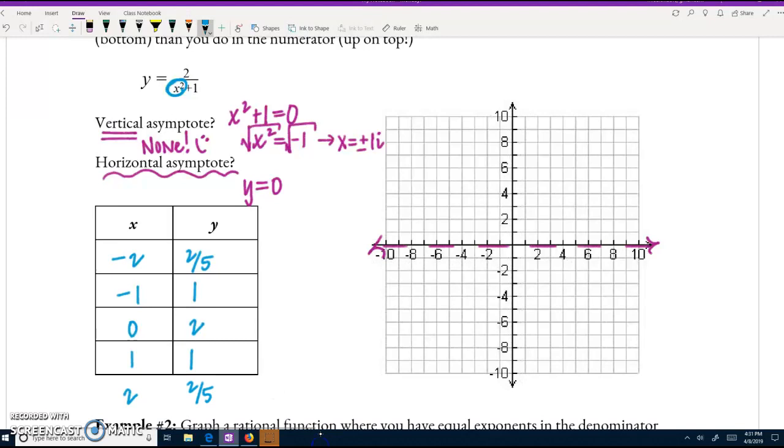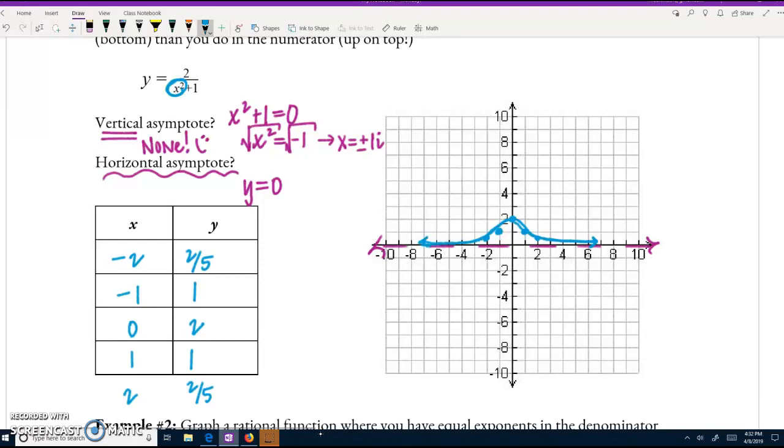So I've got enough information to sketch the graph shape here. So (-2, 2/5) is going to be a decimal here. (-1, 1) will be right here. (0, 2) is here. And then (1, 1) is here. And (2, 2/5) is going to be here. So this graph is never going to touch 0, so we're going to have this kind of shape here. It almost looks like an upside down parabola in the center, but it's not quite.